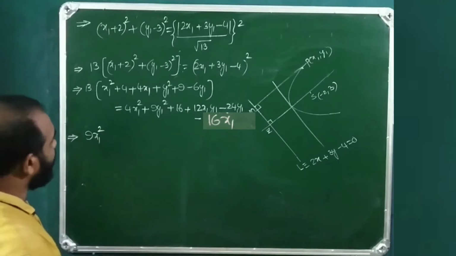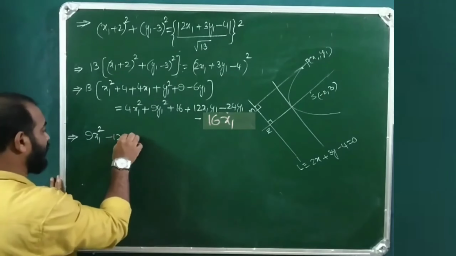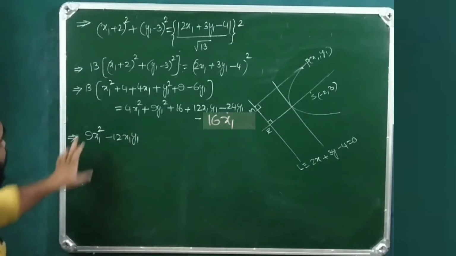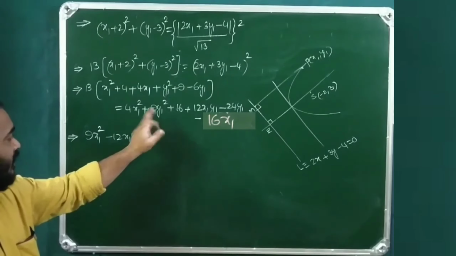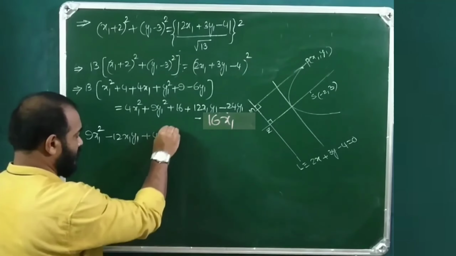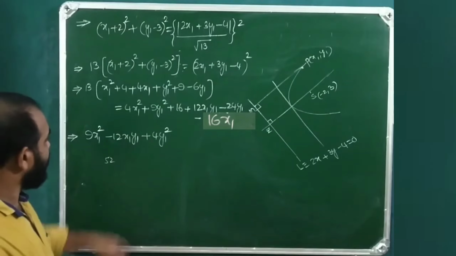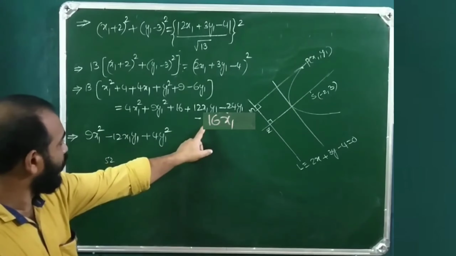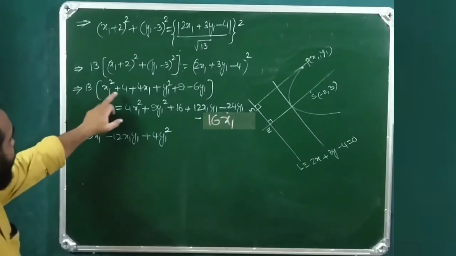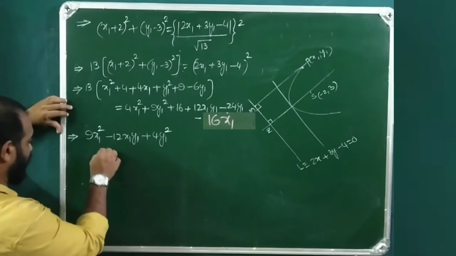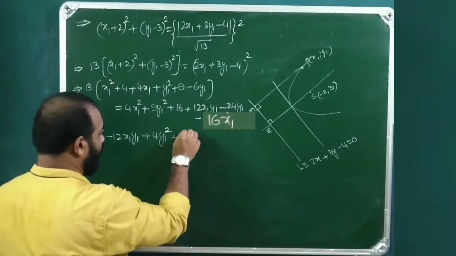Next, 12x1y1; transposing to this side, minus 12x1y1. Then 13y1 square minus 9y1 square is 4y1 square. Next, 13 fours are 52, plus 12 is 64x1.